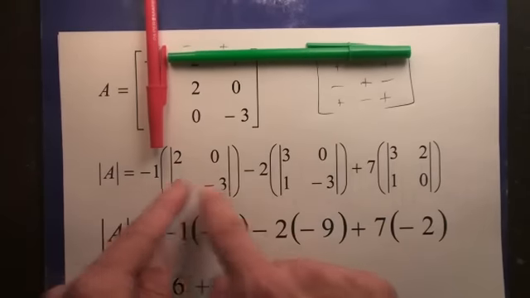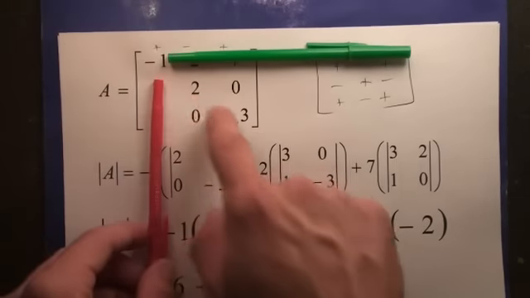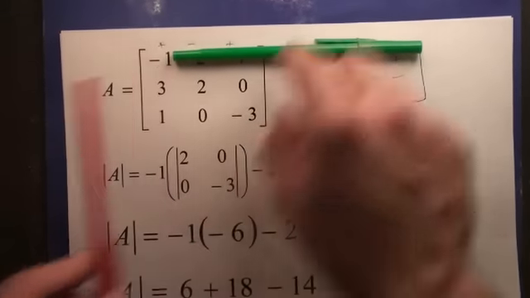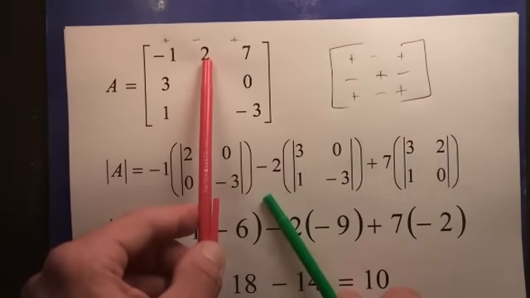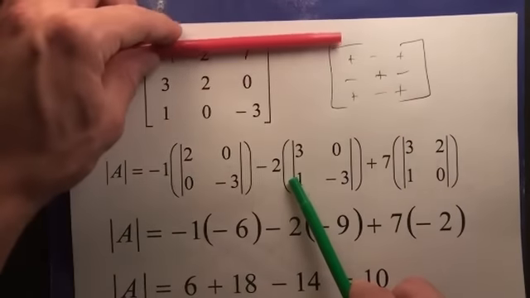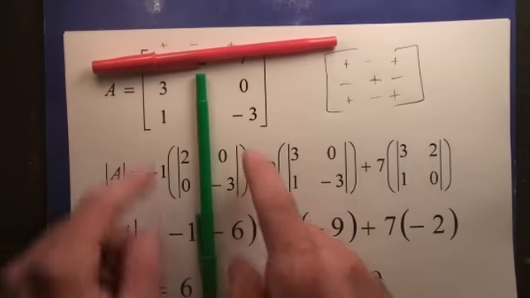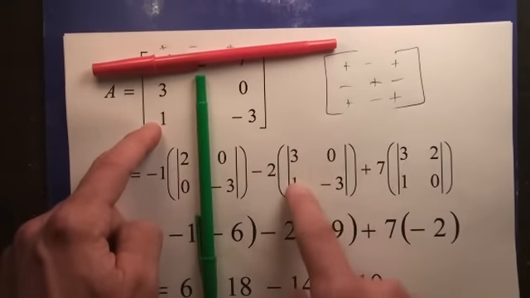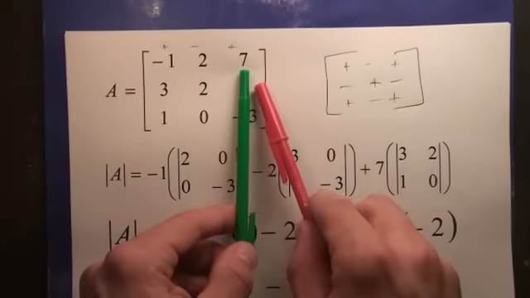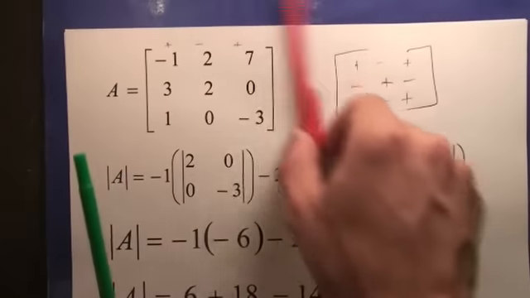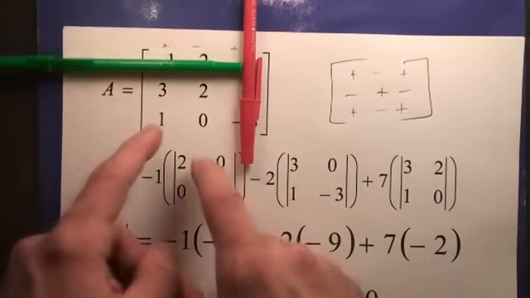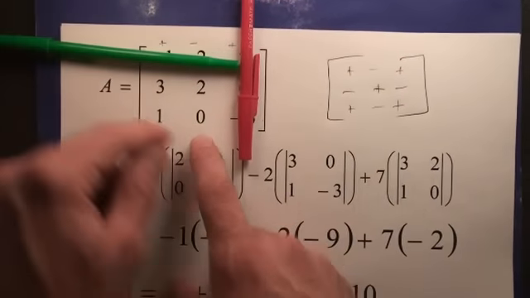So we're going to do negative 1 times this determinant. Then we're going to do minus 2, we're going to cover up the 2, times that determinant. 3, 0, 1, negative 3, there it is. Then plus 7 times this determinant right here, 3, 2, 1, 0.